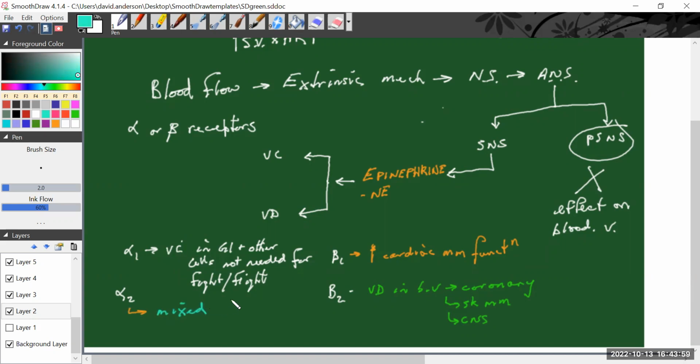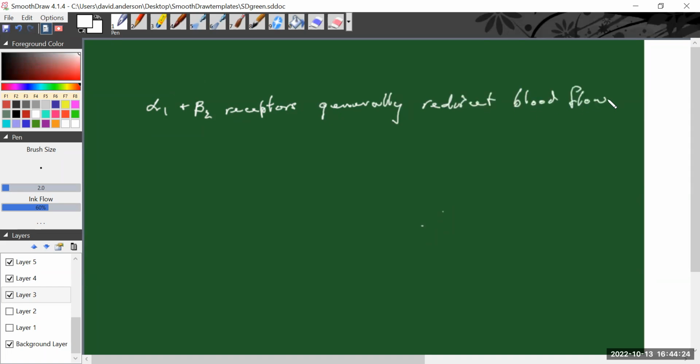So the main ones, when we look at these receptors, when we look at the general effect, the alpha 1s plus beta 2 receptors generally redirect blood flow to two tissues.